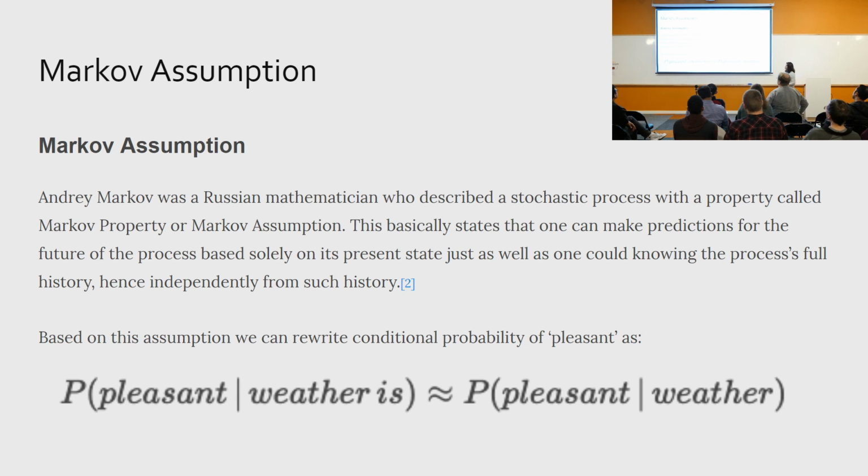Which means the probability of pleasant given the weather is almost the same as the probability of pleasant given just the word weather. So we have this simplifying assumption where we say, let's just look at a certain number of n-grams, which means we have a window where we look at 2 words together or 3 words together or 5 words together, but definitely not 50 words together, because that's overkill and it's really hard to process all of that information together.